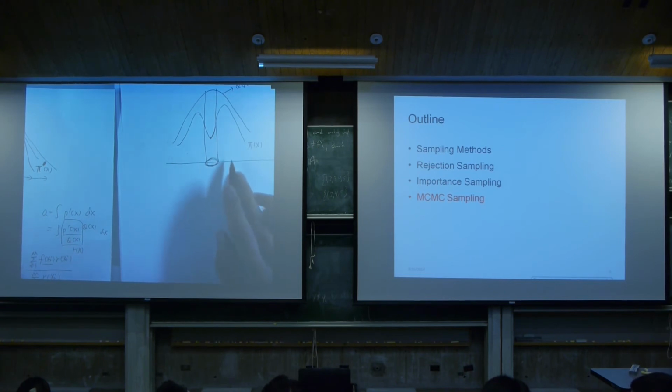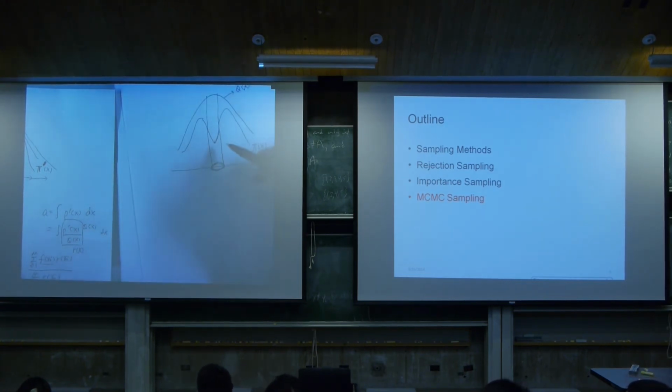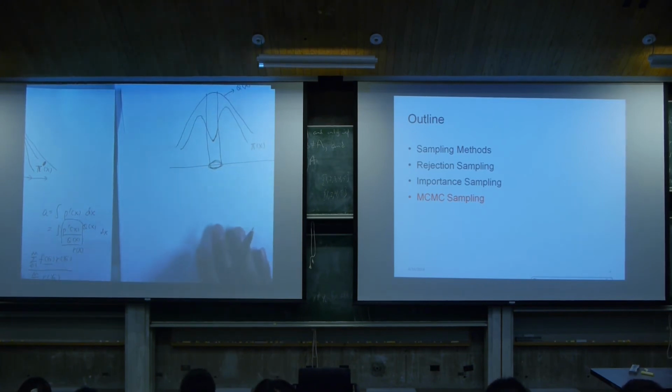In rejection sampling, most of the samples here will be rejected. In importance sampling, most of the samples here are not given enough attention and not attached enough importance. In other words, you try your best to generate many samples from Q, but discard or underuse most of them.